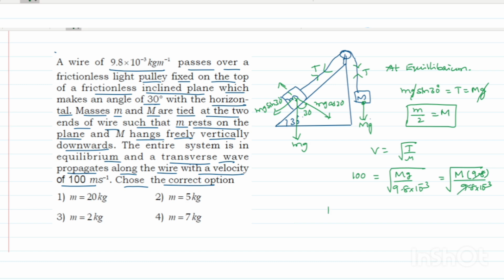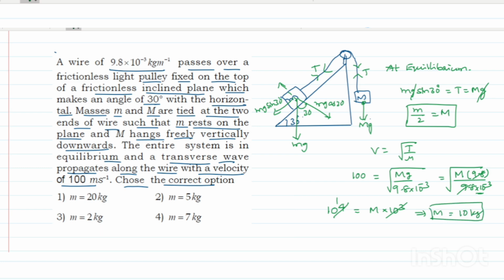When we square on both sides, we get 10 power 4 equals M into, it comes to the numerator, 10 power plus 3. So 10 power 3 gets cancelled, and the capital M value comes out as 10 kg.